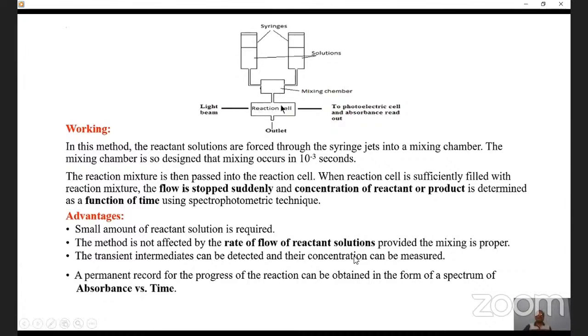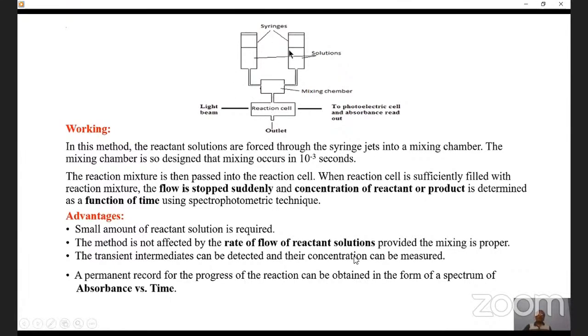And then this unit is the reaction cell through which the beam of monochromatic light passes, and this is the outlet of this stopped flow instrumentation.